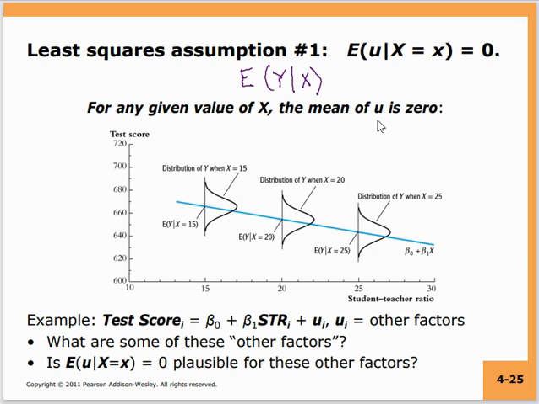In this case, the student-teacher ratio is given, and suppose it is 15. All schools that have a student-teacher ratio of 15 may have different test scores achieved by the students in those schools. So they are distributed along this line. The actual variation is along this line. All the schools have the same independent variable, but the dependent variable may be different.